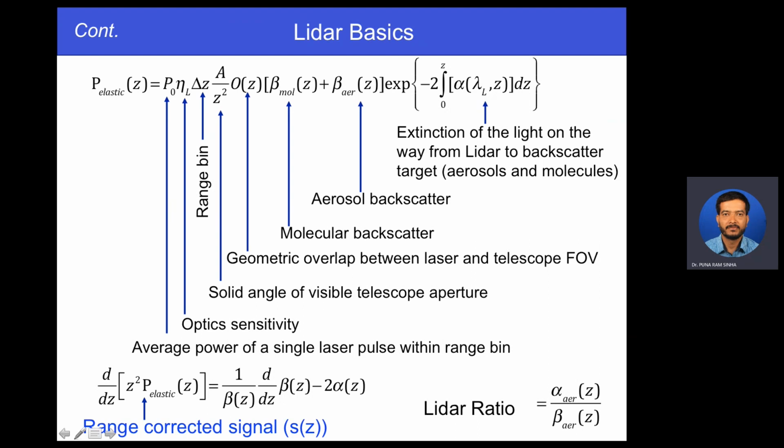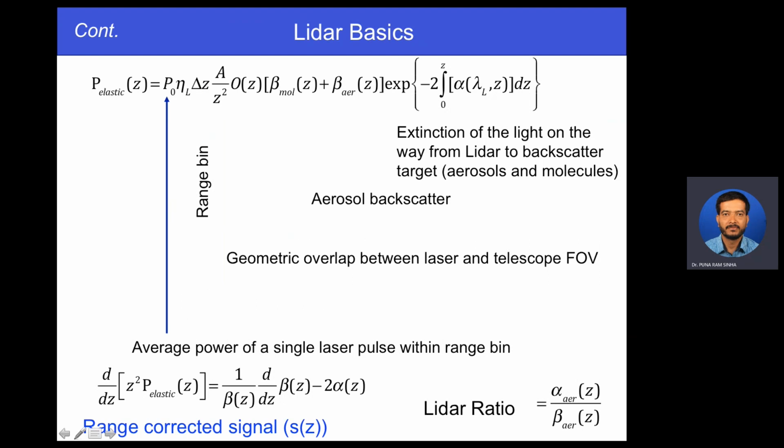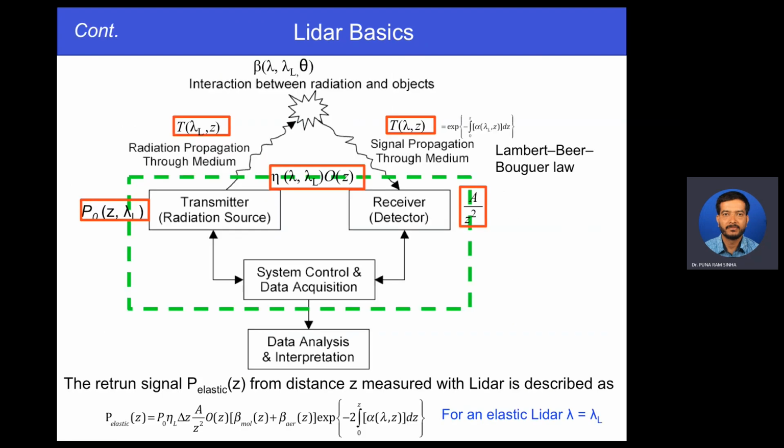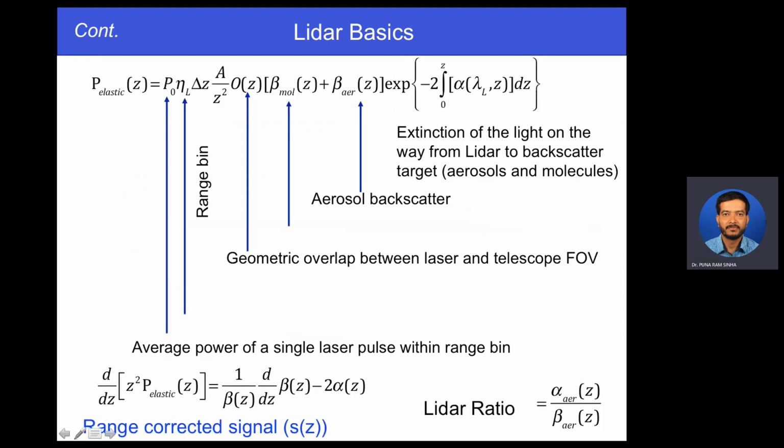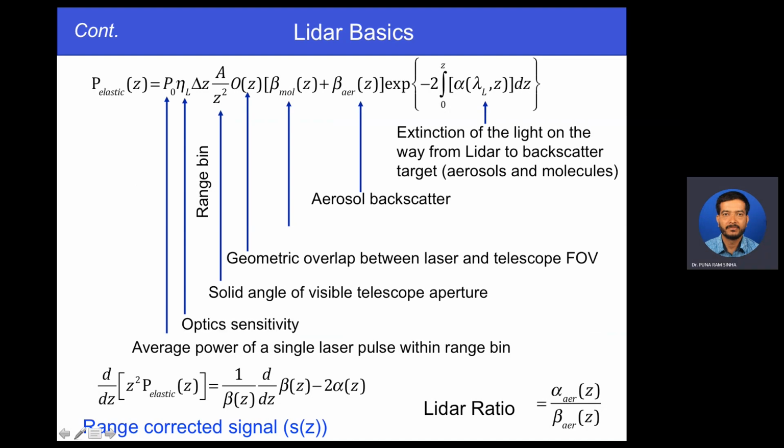So this is called the range corrected signal. If you multiply z squared with the received signal, you get the range corrected signal. I am replacing this representation by S(z), which is the range corrected signal, so you basically get the form of this equation as shown here.